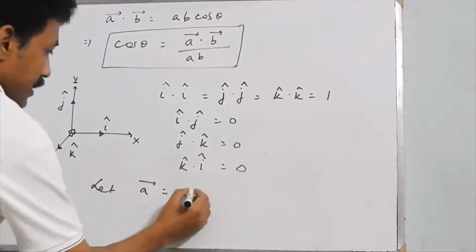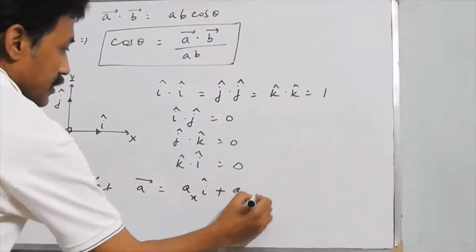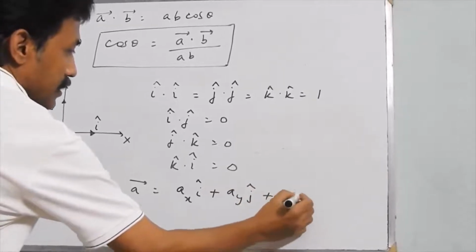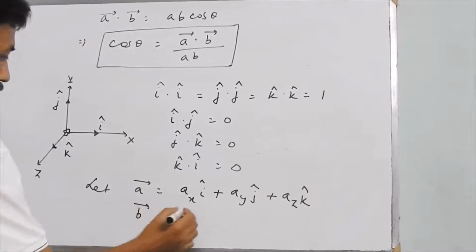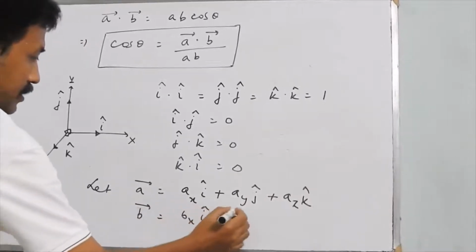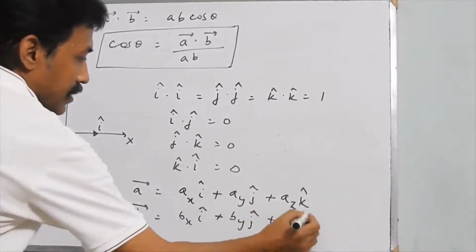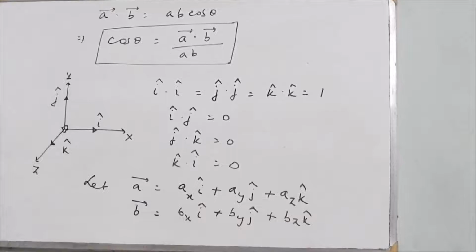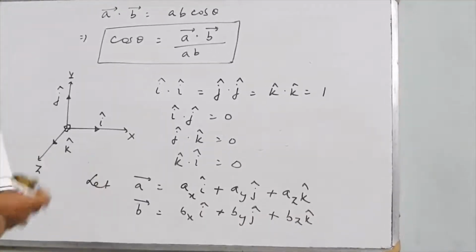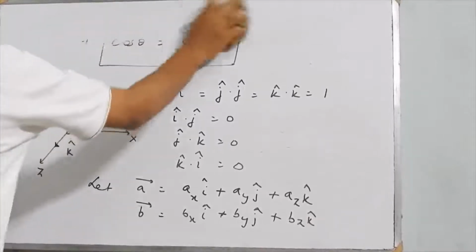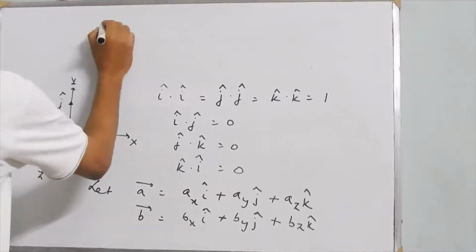Let me say that a vector is ax I hat. This is the x component, this is the y component, and this is the z component. Similarly, there is vector b vector, which x component is bx, y component is by, and z component is bz. So what happens if we take the dot product of these two vectors? So in component form, you can say that a vector dot b vector.